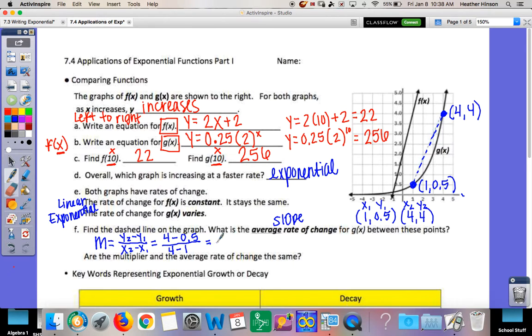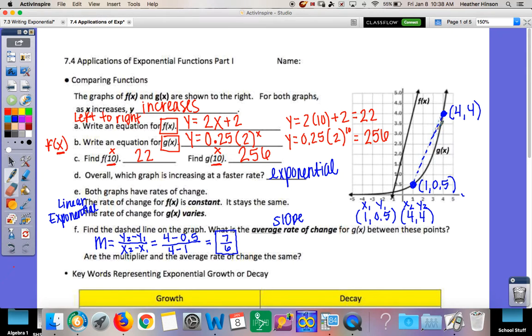And then we just plug it into our calculator. You can plug it in as a fraction. Just hit enter. It'll simplify it all for you, and you'll get 7 over 6 once it simplifies. So that's your average rate of change, your slope between those 2 points on the exponential.